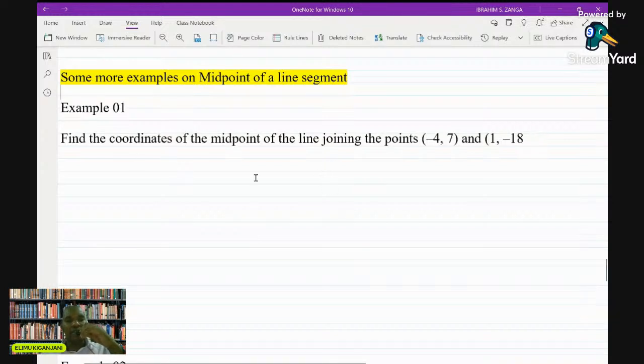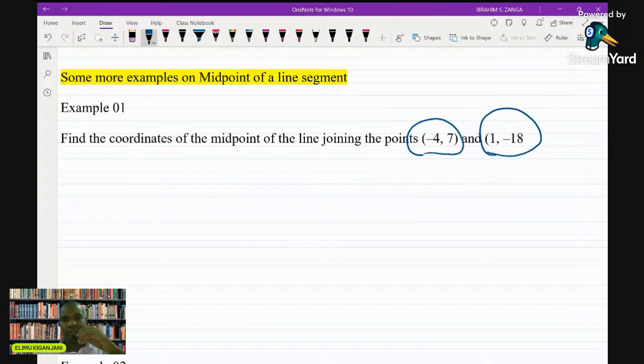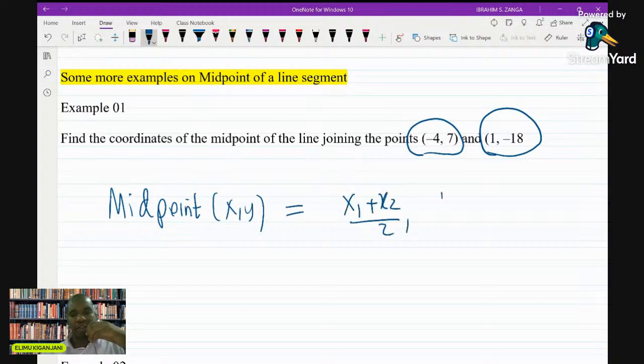So, finding the coordinate of the midpoint of the line joining points (-4, 7) and (1, -18). Remember, for a midpoint, we say that the midpoint (x, y) will be x1 plus x2 divided by 2, y1 plus y2 divided by 2.